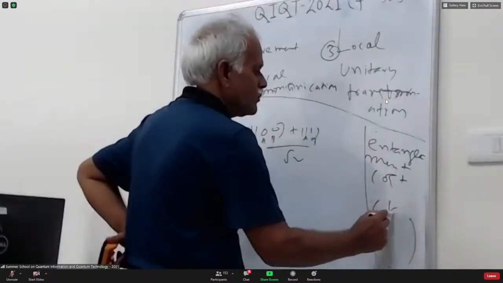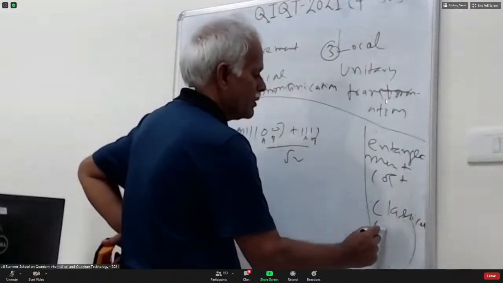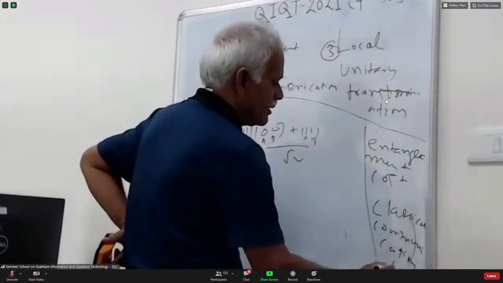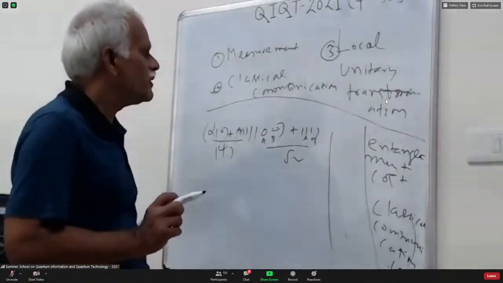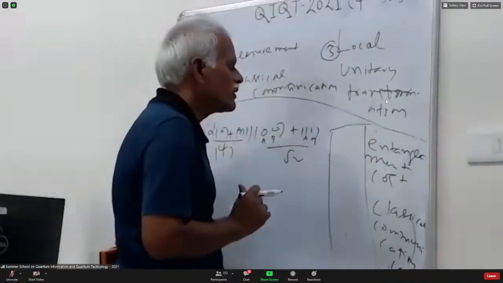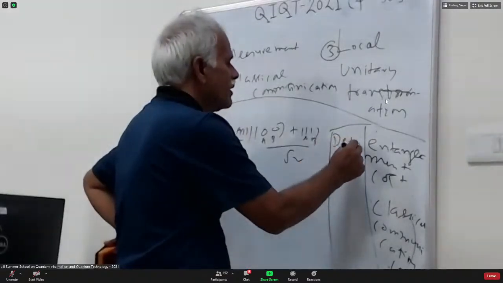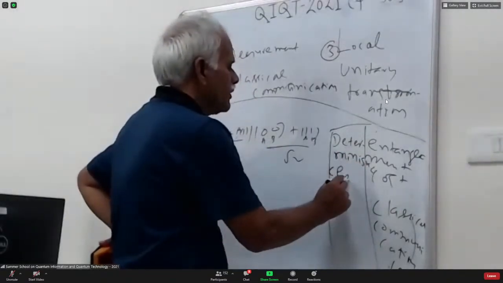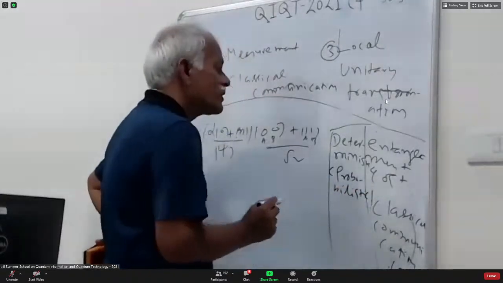Then the classical communication cost: how much classical communication, how much telephone bill? Then we have to check whether it is deterministic or probabilistic. That means each time we do it, is it really working out or not? Half of the time it works, half of the time it doesn't work. So you hear these kinds of languages. Deterministic or probabilistic.